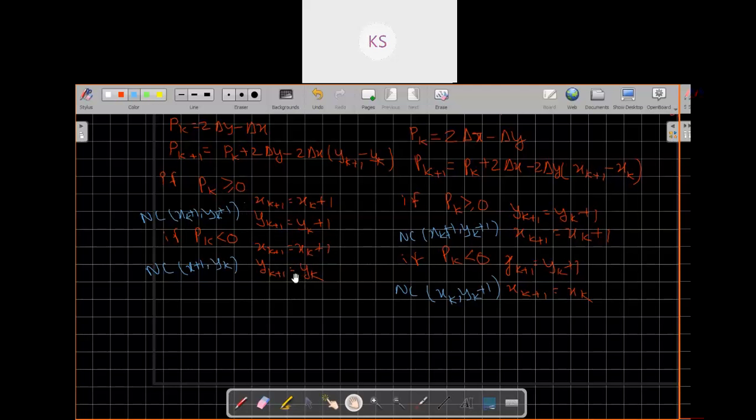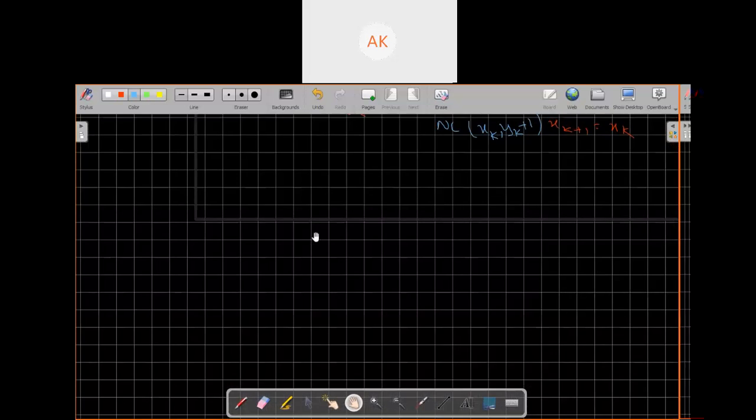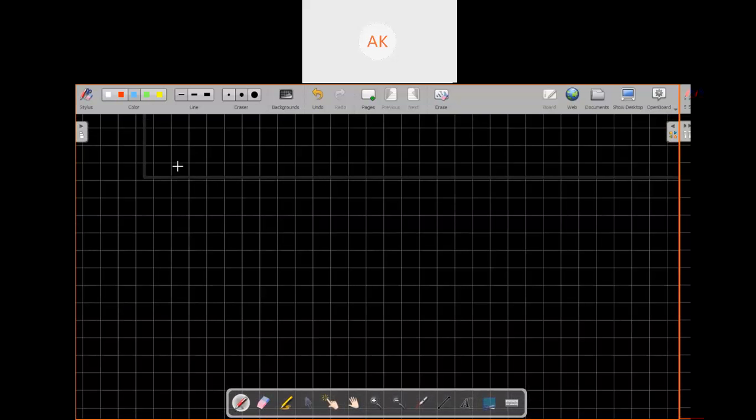Okay, so let's take one example, Bresenham's line drawing. Suppose your given starting point is 35, 40, and your end point is 43, 45.